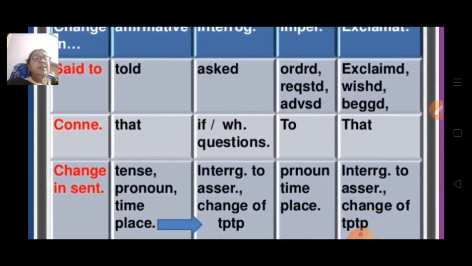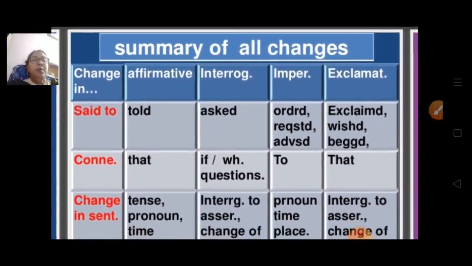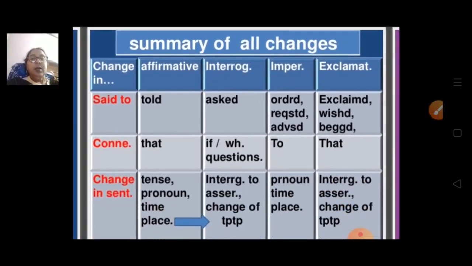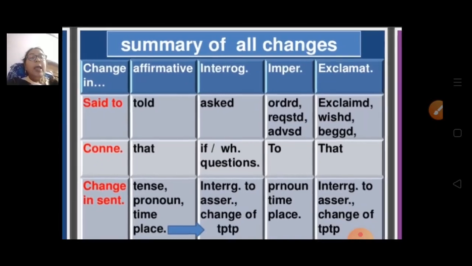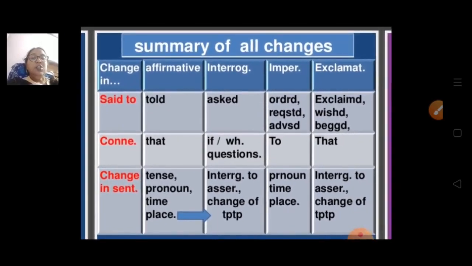In exclamatory sentences, we change to assertive along with time and place. So please go through this clip and take a screenshot also, because this is very important for you. Always keep these changes in mind whenever you are making direct to indirect speech in affirmative, interrogative, imperative and exclamatory sentences.